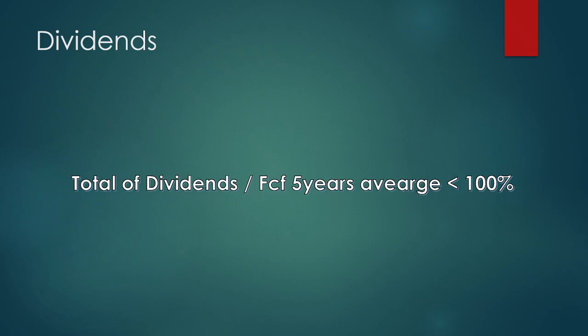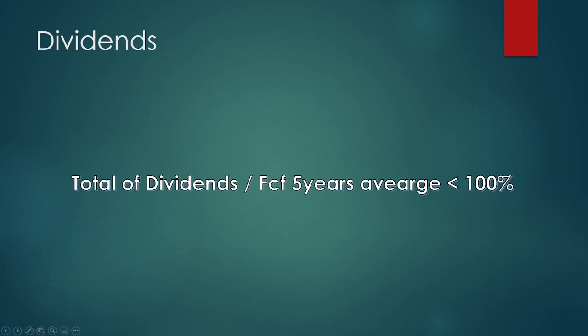If dividends represent, for example, 200% of this average, we can immediately ask ourselves if the company can sustain this dividend rate much longer. I like that this value remains below 100%, and that a portion of the free cash flow is left for the company to pay down debt, repurchase shares, and make acquisitions of other businesses.